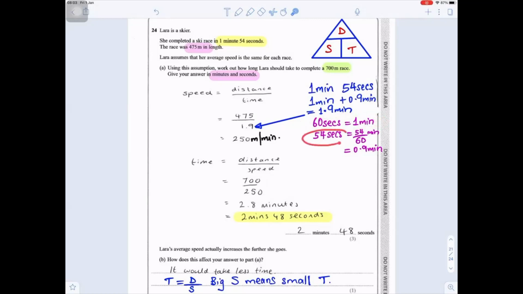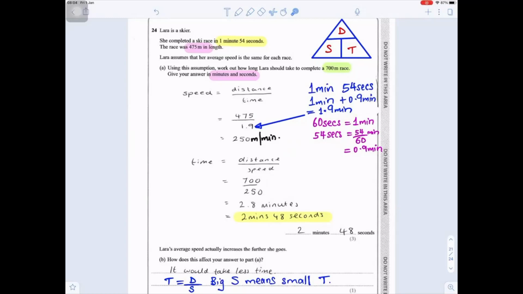So 54 seconds is 54 divided by 60 of a minute. 54 divided by 60 is 0.9. So it's 1.9 minutes. So 475 divided by 1.9 gives you 250 meters per minute. That's the speed.